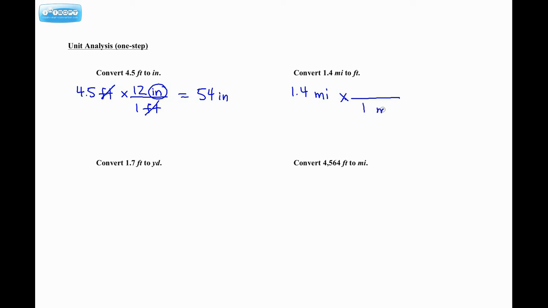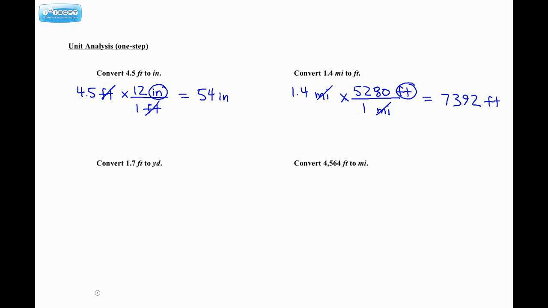So the 1 mile has to go here, and the 5,280 feet go up here. So the miles cancel. So I can complete it just by multiplying 1.4 times 5,280. And you get 7,392. But of course I'm in feet now. That was the unit that I was left with.